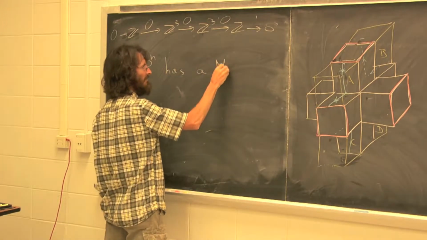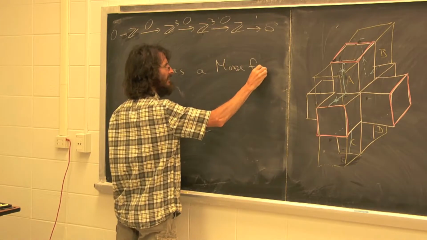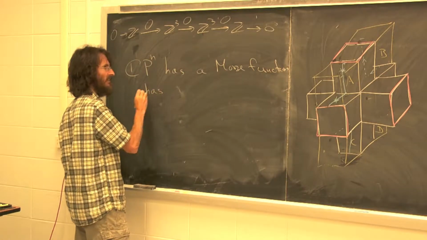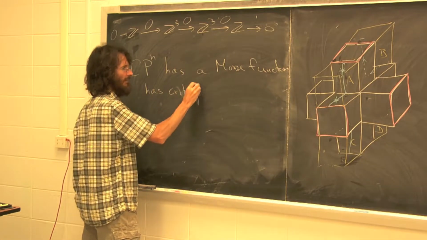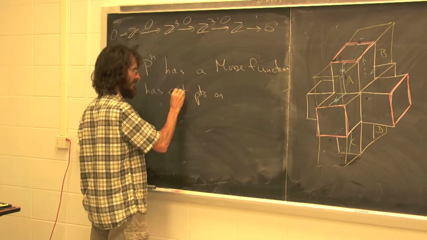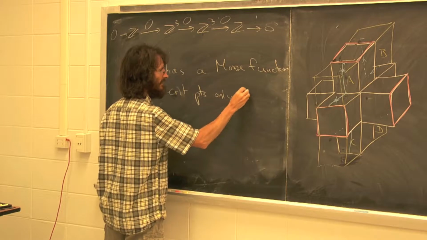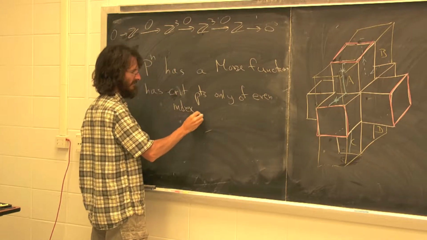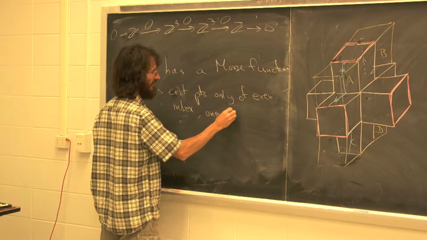As a Morse function, you can write it down completely explicitly and compute index and so on. And it has critical points only at even index, and exactly 1 in each index.